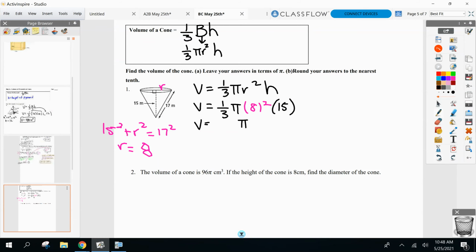Maybe I'll remember that 2 periods from now. Meters cubed. And then part B, now we just convert it to the nearest tenth. All right, what do you got?